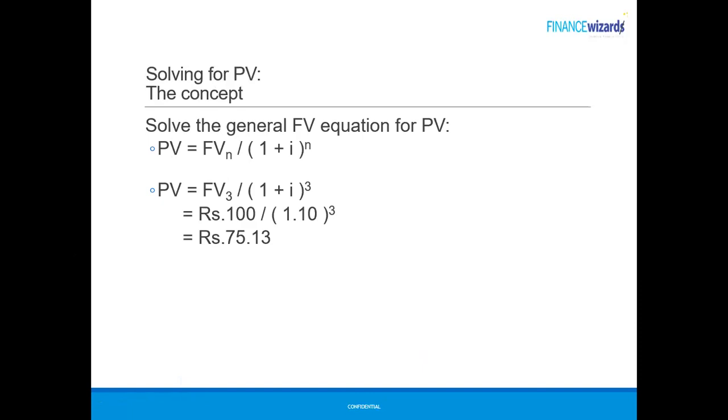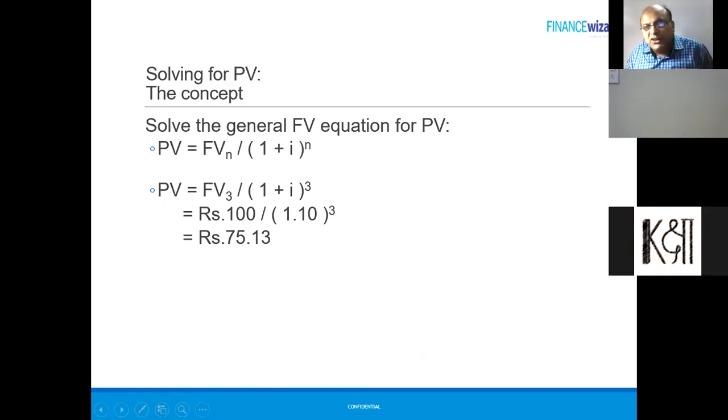Not only in financial planning, when you do equity research also, when you do valuation also, when you do dividend discount valuation, when you do discounted cash flow valuation, this is the formula that is mainly used. This is a very important formula: present value is equal to future value after n years divided by 1 plus I to the power n.